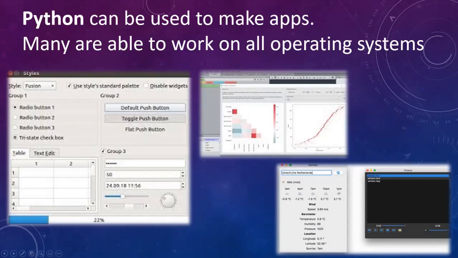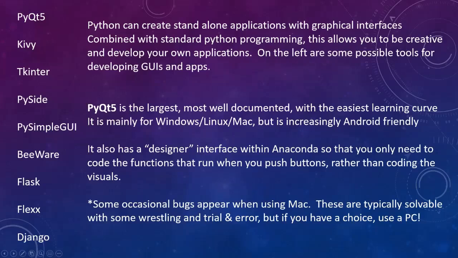Now Python is what you're becoming a little bit more comfortable with throughout this course because it's a general programming language and free. And that can actually make graphical user interfaces with push buttons that do things, and we're going to go over that a little bit. But before we do, I should just point out that Python actually has lots of different libraries, which are sets of functions that you can download and use, that let you make graphical user interfaces.